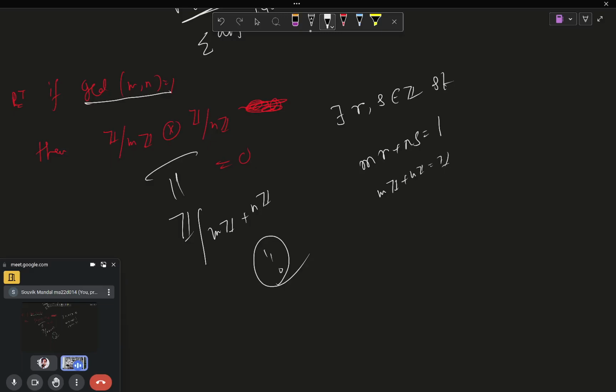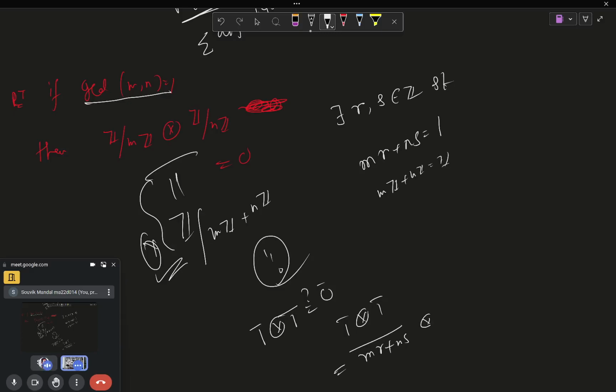Also, you can prove this directly without using these facts. First of all, you only need to check whether 1 bar tensor 1 bar equals 0, because every element on both sides is a multiple of this. So 1 bar tensor 1 bar is what? 1 can be written as (mr plus ns) whole bar tensor 1 bar.